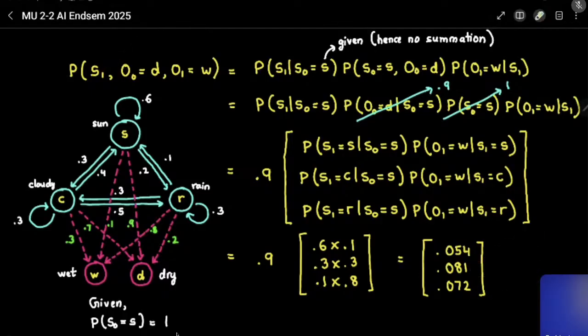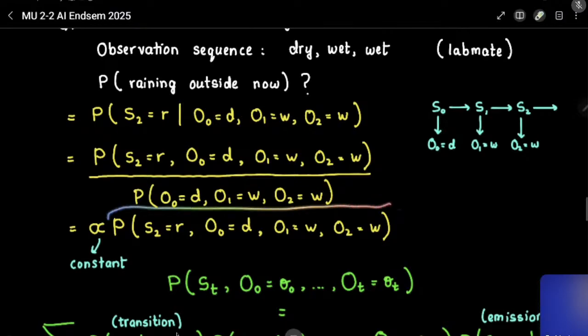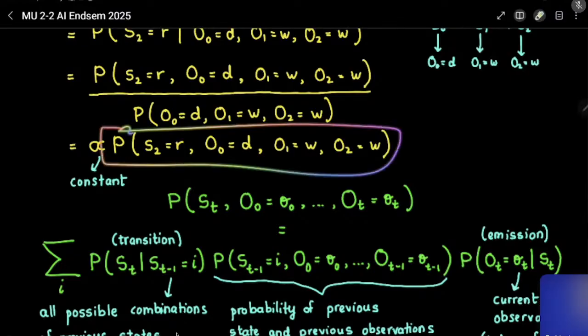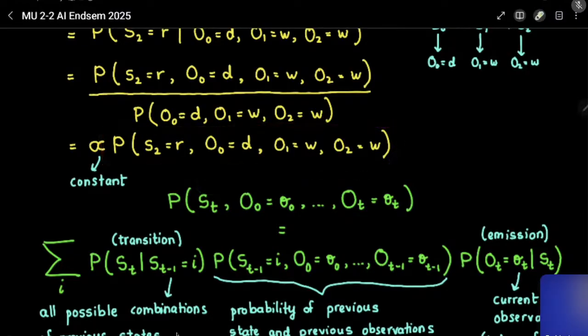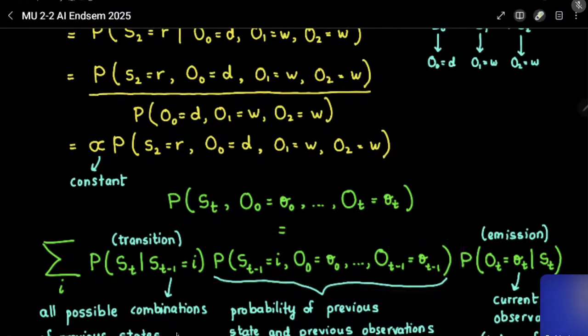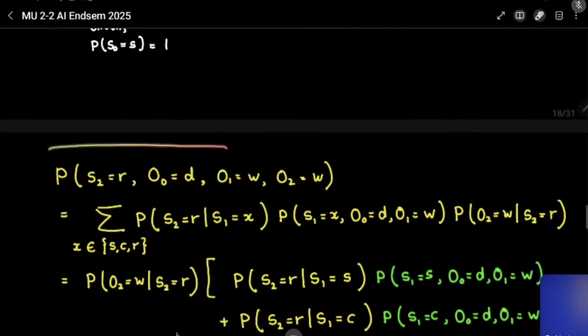But this was just a sub problem. The original problem is we have to find this one. Now it will be easier because when we open this using this formula, we have already pre-computed this value, so it will be easier for us to substitute. So let us see. This was our problem, right?